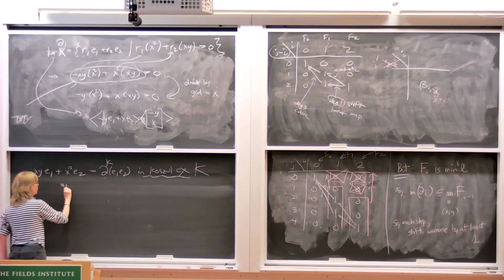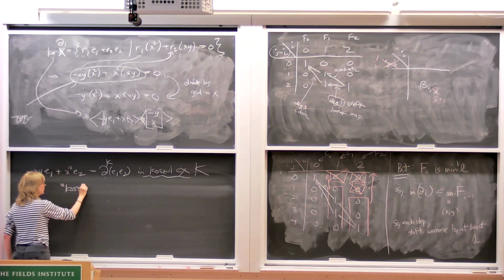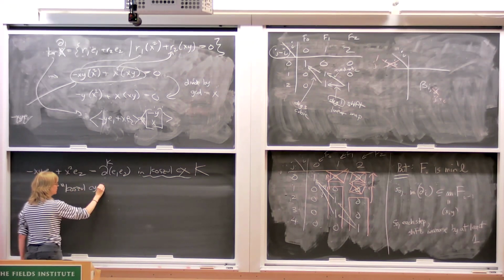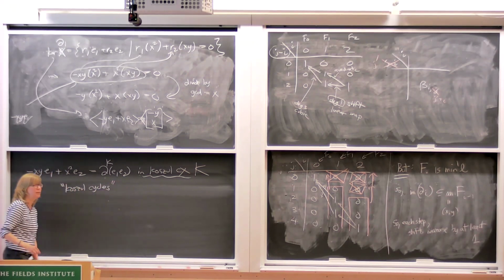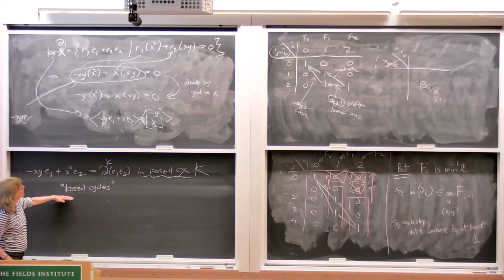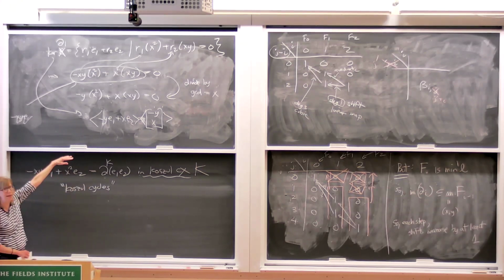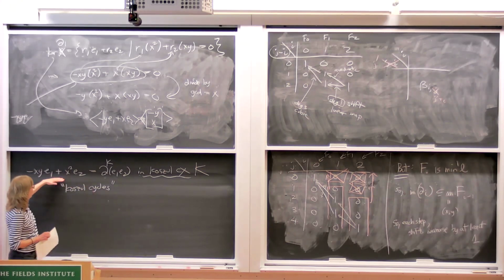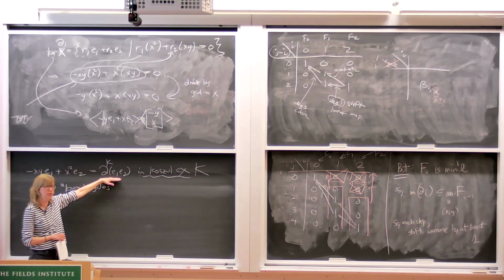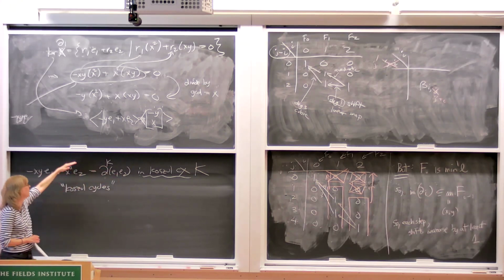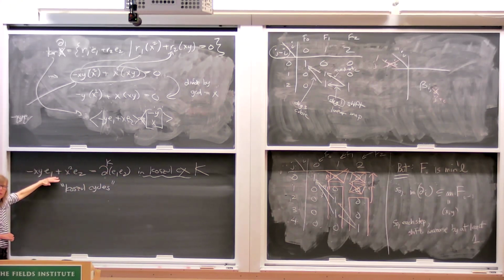And so these are called the Koszul cycles. Cycle means something in a kernel. So these are the Koszul ones. But you see, if I wrote the Koszul complex, that would not be good. That would not be exact, because the image of the basis of degree 2 in the Koszul complex is hitting this guy, but this is not generating the kernel.